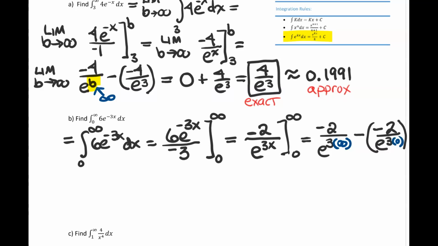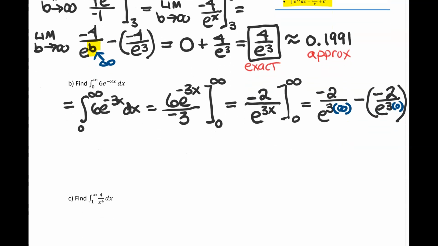Okay, so again, like on the last example, when this on the bottom of the fraction becomes a very large number, negative 2 divided by a very large number, that's just going to become 0. So we end up with 0 there, a double negative, so plus 2 over e to the 0. Now e to the 0 is just 1, so I end up with 2 over 1, so my integral is 2.